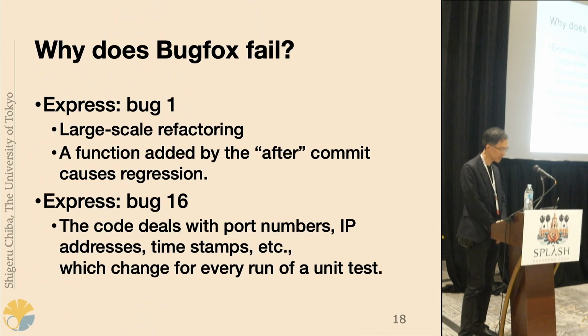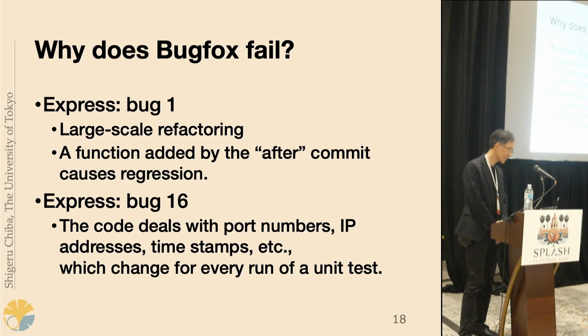Because of the many function changes, and actually this regression was caused by a function newly added by the after commit, technically speaking, Bugfox could not find that function anyway. So this is the first case.